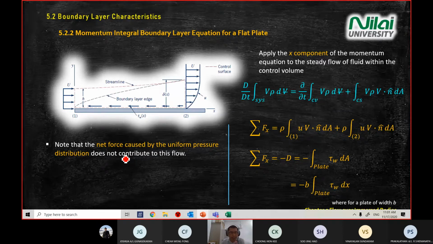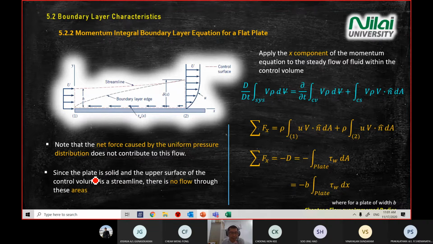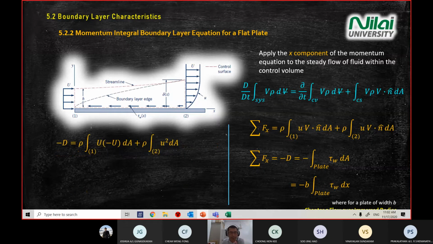The pressure is perpendicular to the upstream velocity in this case, and the plate is solid, and the upper surface of the control volume is a streamline, so there's no flow through this area. So we continue with the equation.